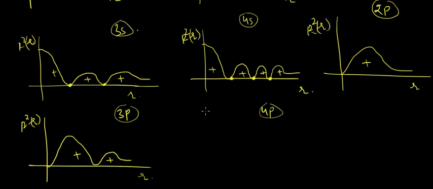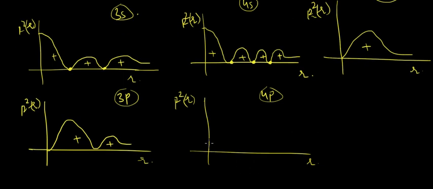Okay, next have a look at the graph for 4p. For 4p we would have the graph r squared R versus r. For 4p the number of radial nodes would be 2, and starting from a 0 value, it would be something like this. Next let's have a look at 5p.